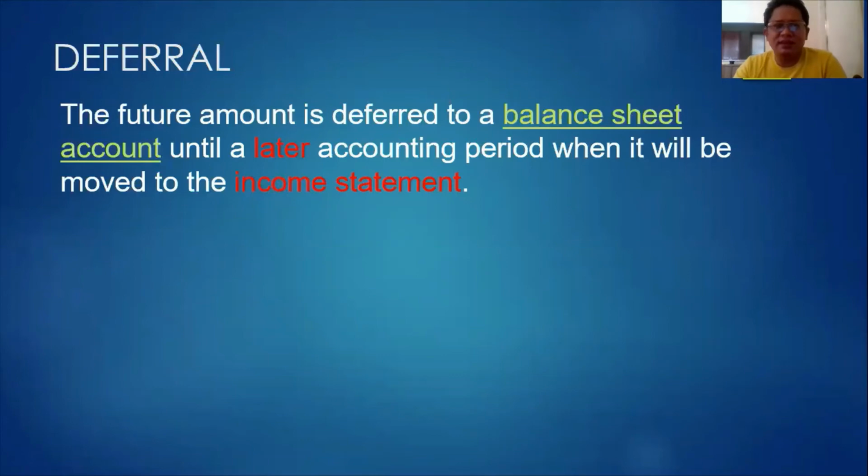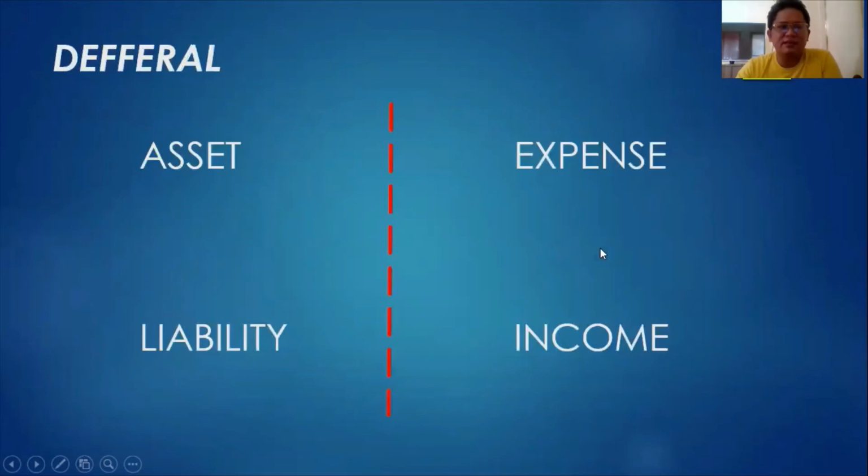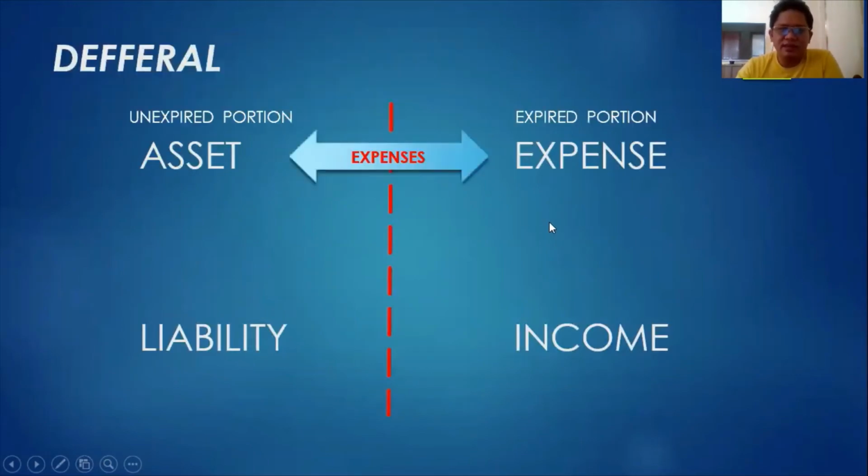So when we say deferral, we defer the amount into a balance sheet account and later it is moved into an income statement account. So simply stated, when you defer something, say in expenses, it stays here in the asset account, which is a balance sheet account.